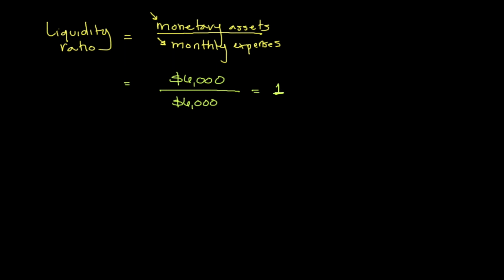Now, on the surface, that might sound like it's pretty good. But the reality is that, generally speaking, most financial advisors recommend having at least 3 to 6 months' worth of living expenses on hand. So although 1 month is certainly better than nothing, it's not as good as 3 to 6 months, and it's certainly not going to give you as much of a cushion if there was a big emergency. If it was a $1,000 medical bill, this is something we could probably handle pretty easily.